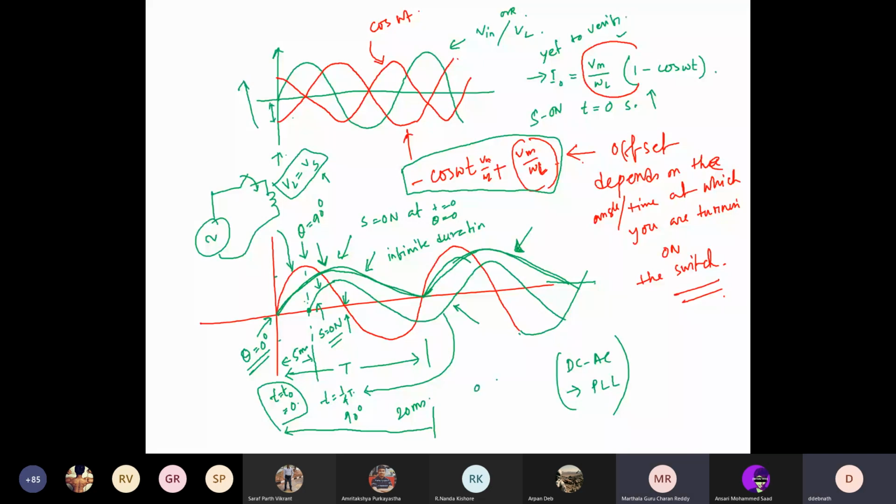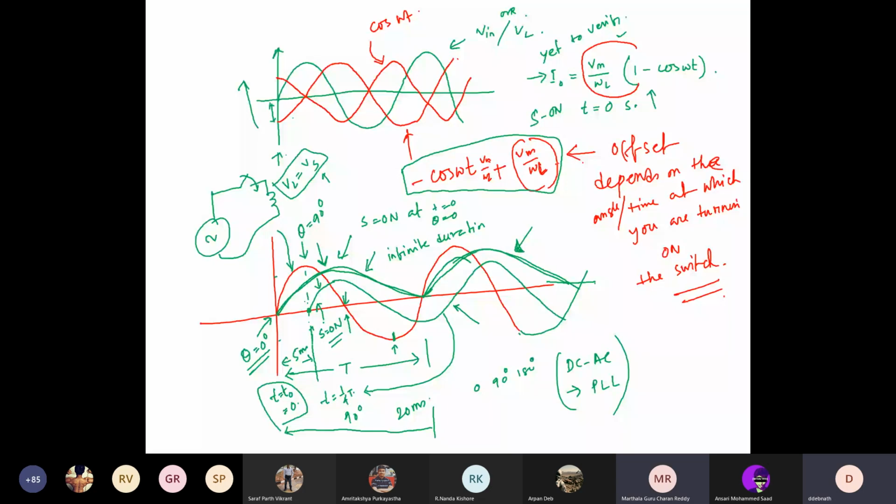Minus 270, sorry. 270 degrees, sir. This one? Negative maximum. If we start there, it will be.